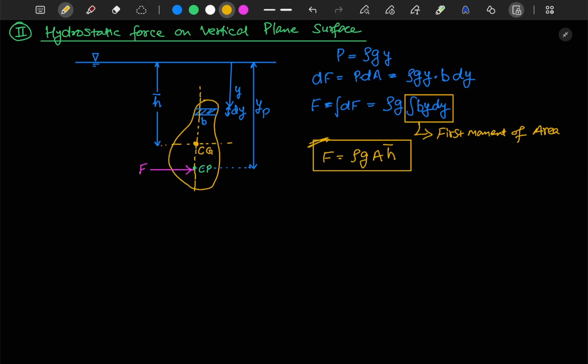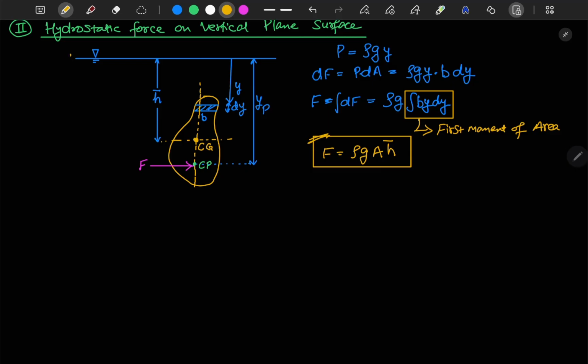Now if I talk about the location yp, to calculate yp what we can do is take moment. Let's say this is your OO line.